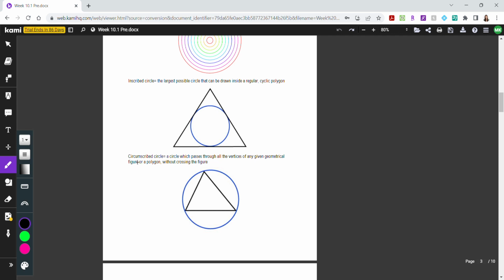And then a circumscribed circle is a circle which passes through all the vertices of any given geometrical figure or polygon without crossing the figure. So as you can see, essentially, a circumscribed circle would have its circumference touching all of the points of a polygon. And this is a circumscribed circle. All right, so think inscribed circle inside, circumscribed circle outside. All right.